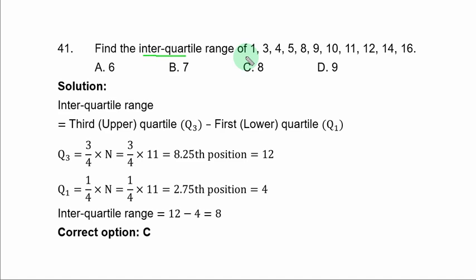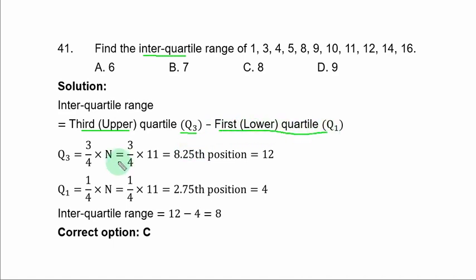We already have ascending order here, so no other rearrangement is needed. Interquartile range is equal to the third quartile or upper quartile, denoted by Q3, minus the first or lower quartile, denoted by Q1.